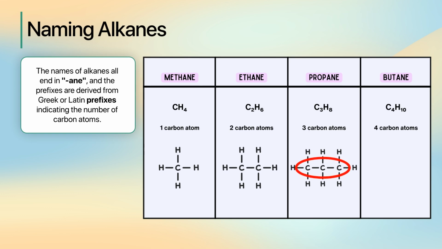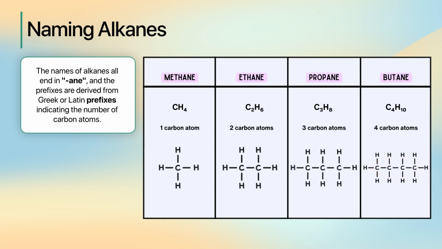Propane's molecular formula is C3H8. It has 3 carbon atoms forming a chain. The carbon atoms are bonded by single bonds. The first carbon is bonded to 3 hydrogen atoms, the middle carbon to 2 hydrogen atoms, and the last carbon to 3 hydrogen atoms. This is often written as CH3CH2CH3. Butane, with the molecular formula C4H10, consists of a chain of 4 carbon atoms.